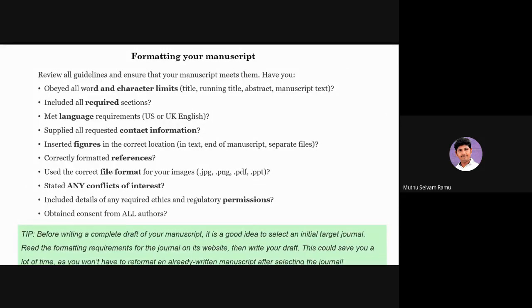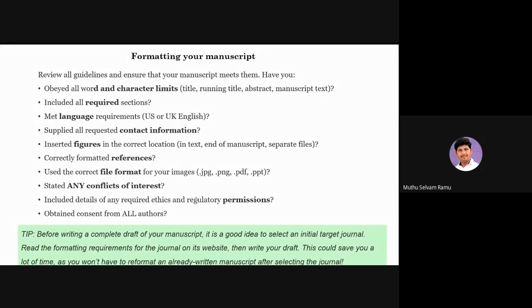But I would say some tips: before writing a complete draft of your manuscript, it's good to select an initial target genre. So you have drafted a rough manuscript. You can keep it with you, but when you focus on publishing it, you have to see if it is in reproductive biology or reproductive endocrinology. You have to have a list of journals which support the publication of reproductive endocrinology.